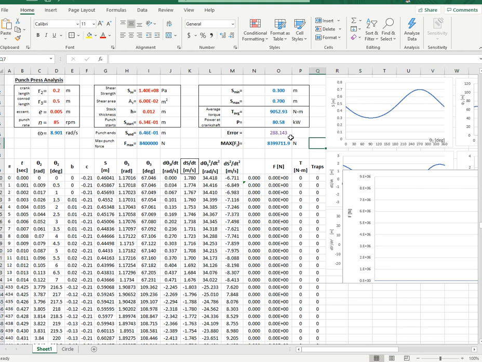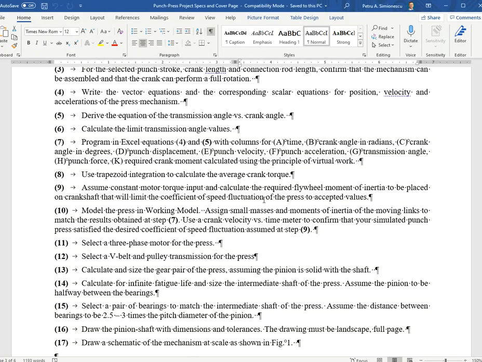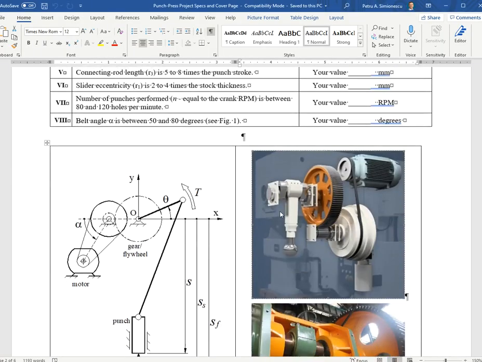40-50%, could be double the calculated power by taking the average torque times angular velocity of the crank. Okay. On one hand, it has to be bigger because there are losses in the belt transmission and the gear transmission here.